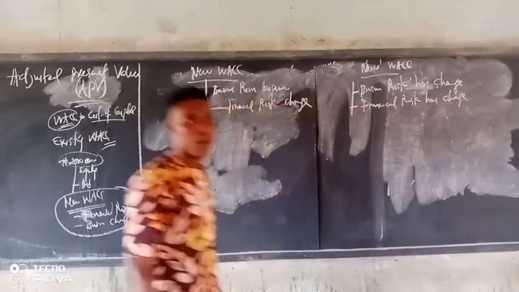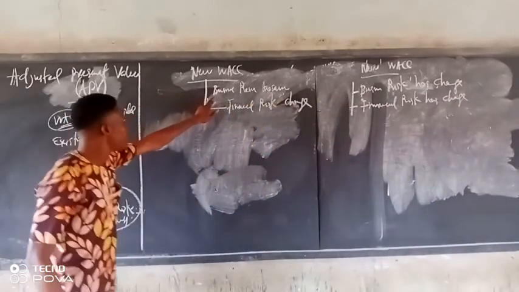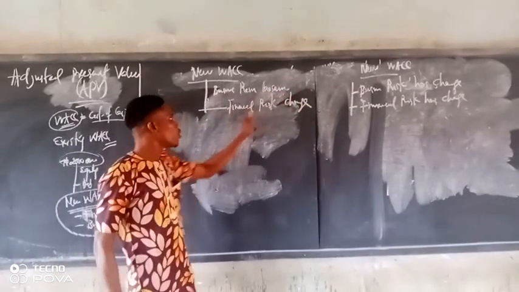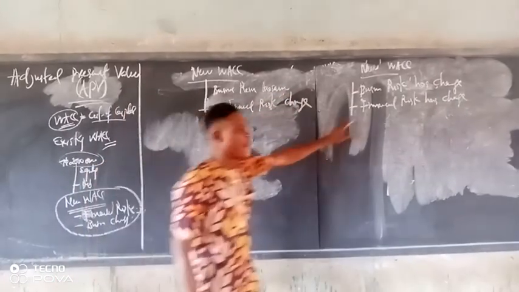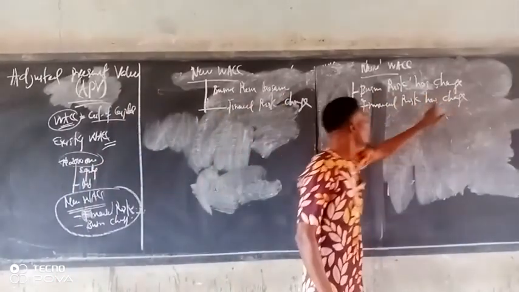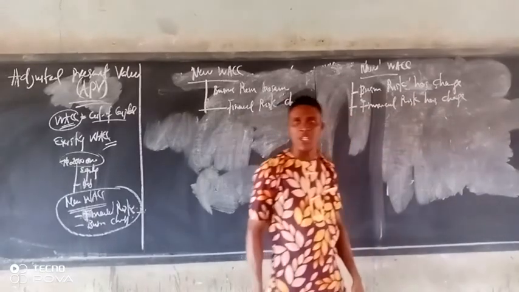Now, notice 2 different scenarios. Here, your business risk remains the same, but your financial risk has changed. But here, your business risk has changed, and your financial risk has also changed.